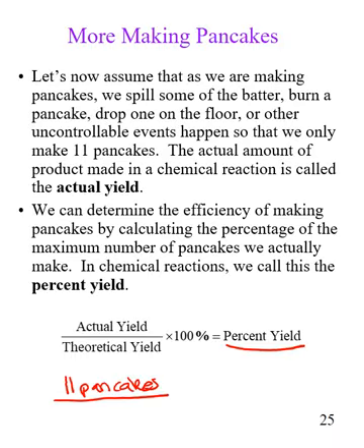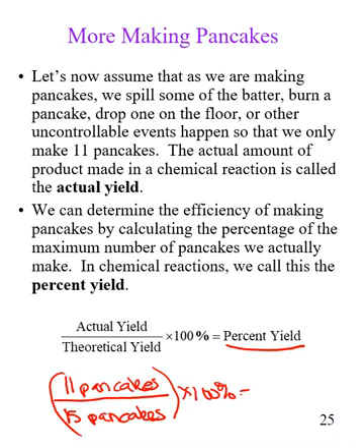And we divide by the theoretical yield. The theoretical yield is the maximum amount of pancakes that we could make, and that is 15 because the flour limited us. We multiply it by 100% to get our percent yield. If we do, we get 73%.